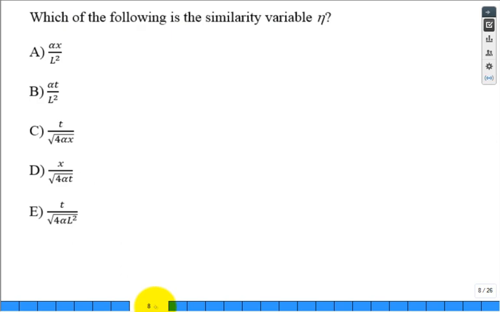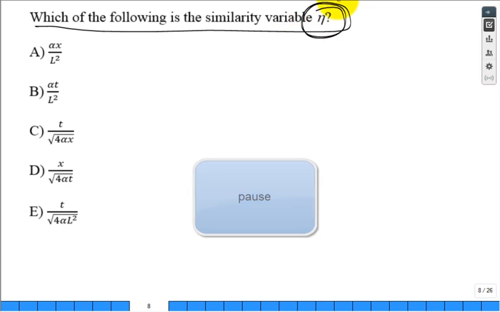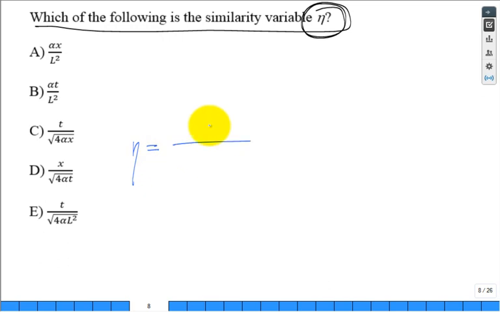All right. Okay, we have the similarity variable has been introduced. Eta has been introduced. I can't remember what the similarity variable is. Can you? That similarity variable is just something that you almost have to just know or memorize or refresh your memory, but it's x divided by 4 alpha t in this book.